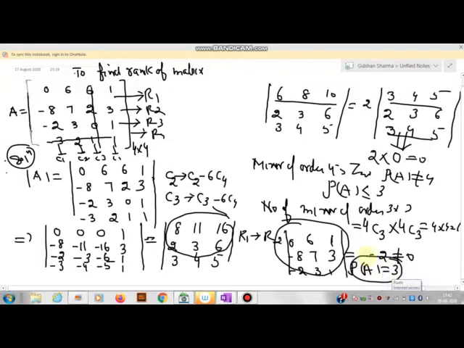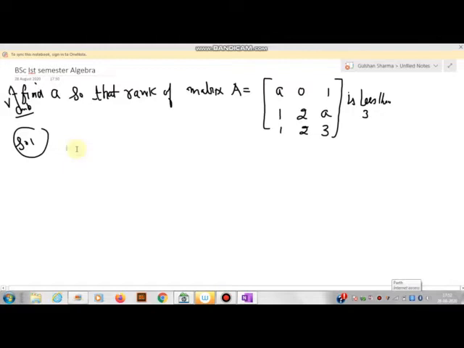Okay, thank you. Hello dear students, this is a very important question from rank. What is the meaning of rank? If I say that the rank of matrix A is less than 3, less than 3 means it is less than or equal to 2.